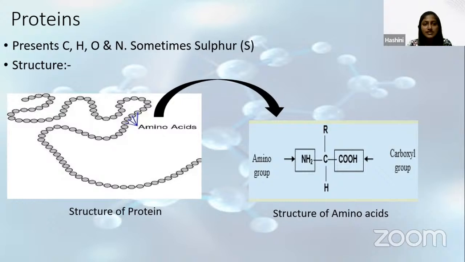Okay, and the next one is that these proteins are in the enzymes. You know the enzymes, right? Enzymes are components which catalyze the biochemical reactions in the organisms. What are the biochemical reactions?